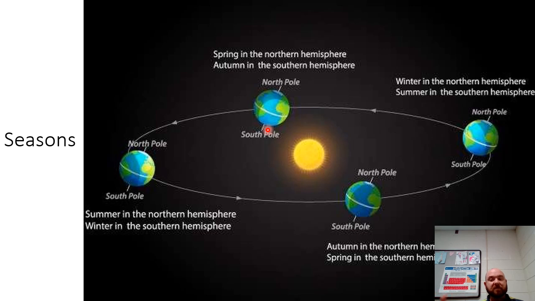So everything is very equal. And that's what we refer to as the spring and autumnal equinoxes.